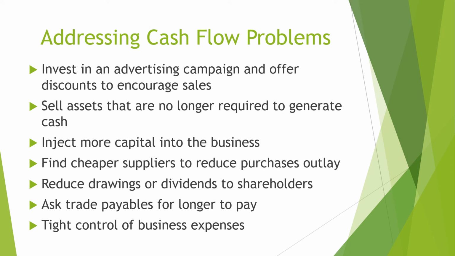You can find cheaper suppliers to reduce your purchase outlay. So what that means is you can try and shop around and find suppliers, reasons for choosing a supplier. We go back to that. Finding cheaper suppliers. If you're actually outlaying less money on your stock, your inventory, then it's obviously saving you money and there's less money going out. Reducing drawings or dividends to shareholders.